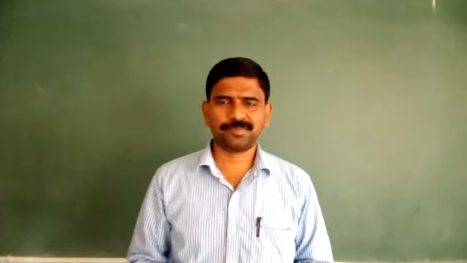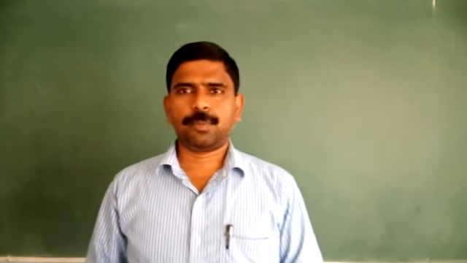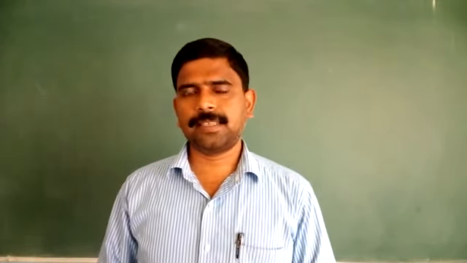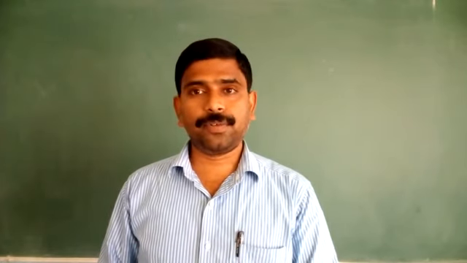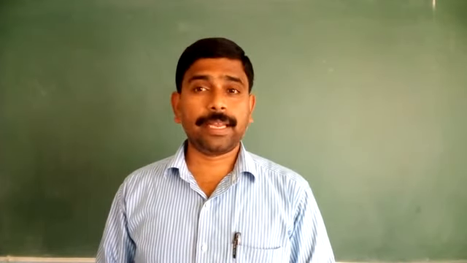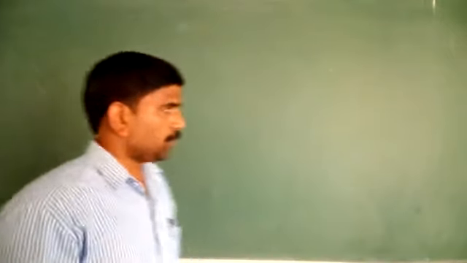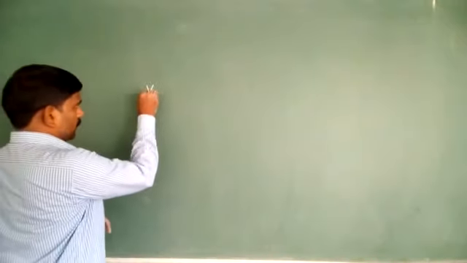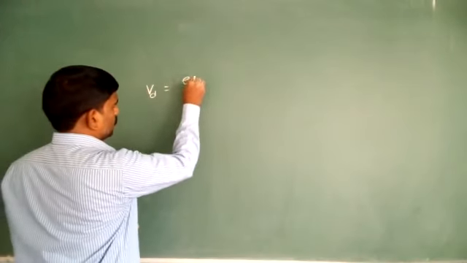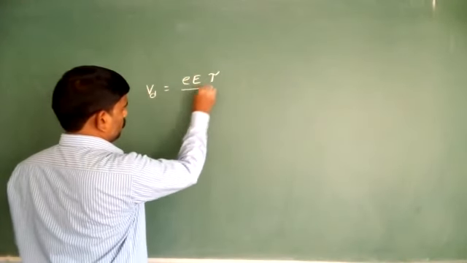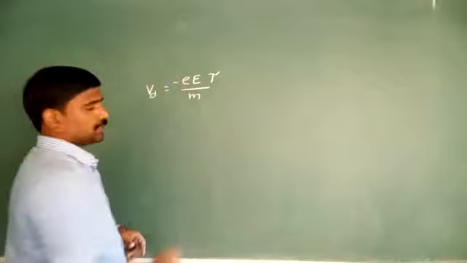Hello students, in our previous video we discussed the drift velocity and we derived the expression for the drift velocity. We know that the drift velocity Vd is equal to -eEτ/m, with a negative sign.